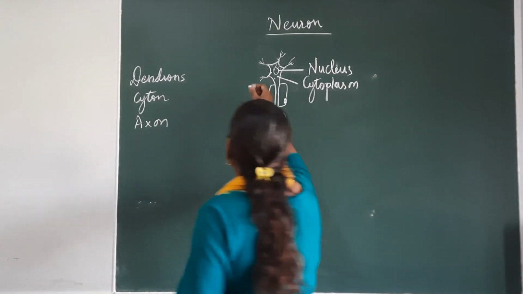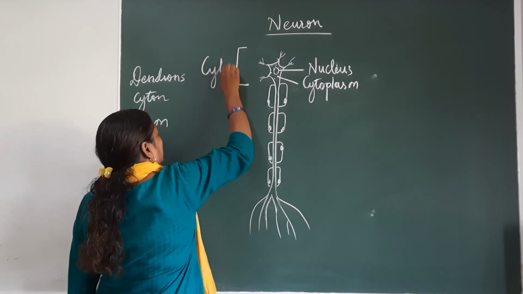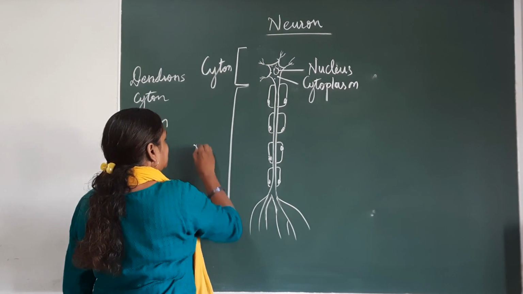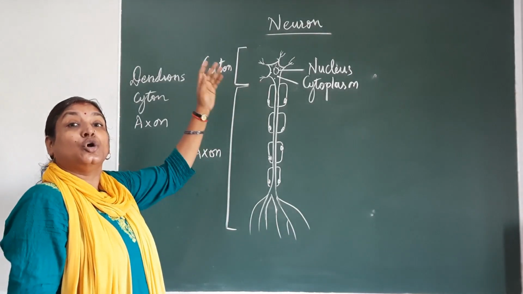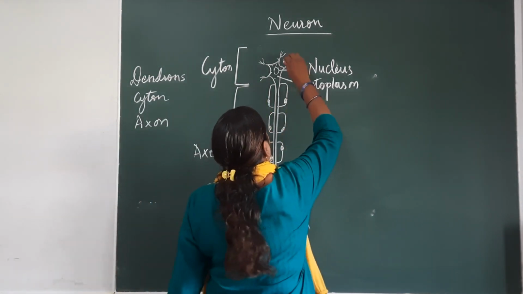The whole part that you see here is your cyton, and the long process that arises from the cyton is your axon. This cyton gives out numerous finger-like processes called dendrons and dendrites.